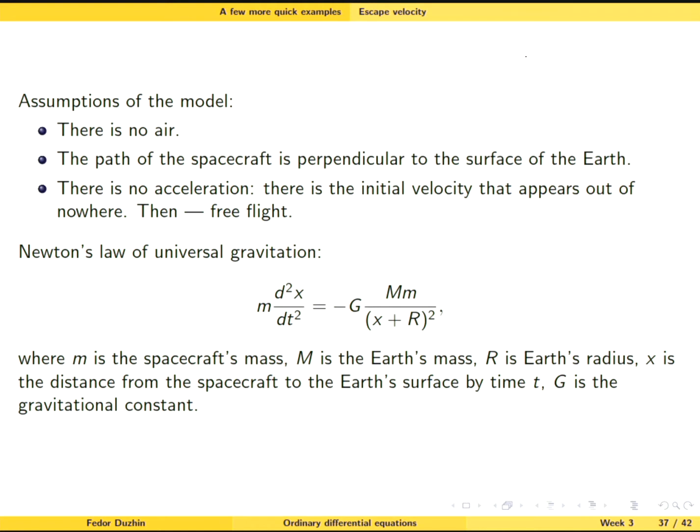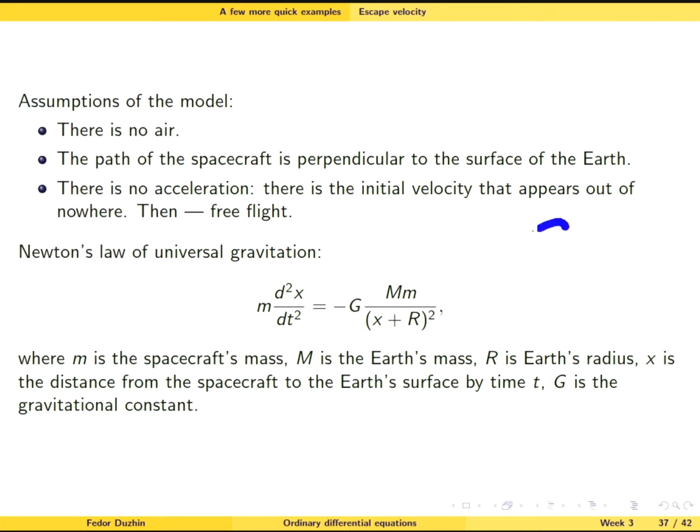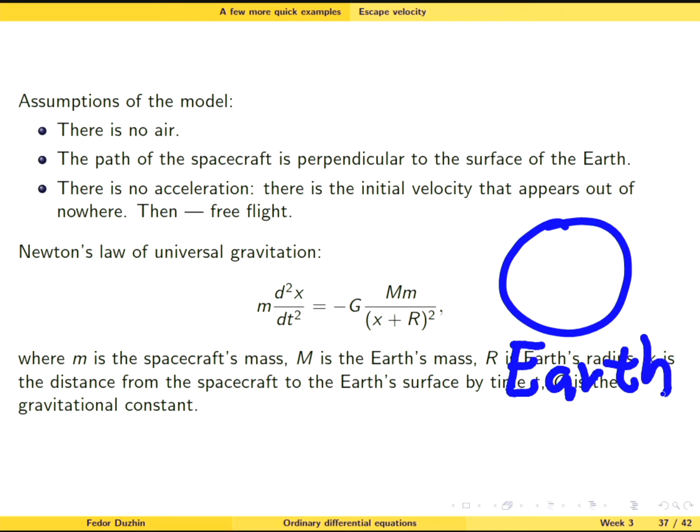Let me try to draw a picture. If this is Earth, and suppose that this is our spacecraft, our rocket, or whatever.